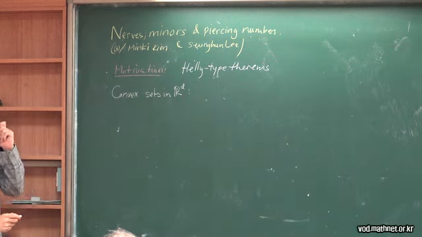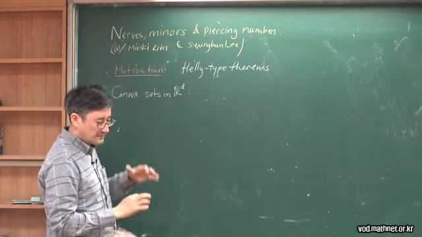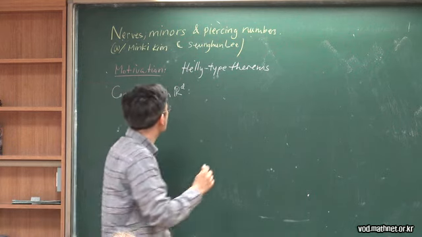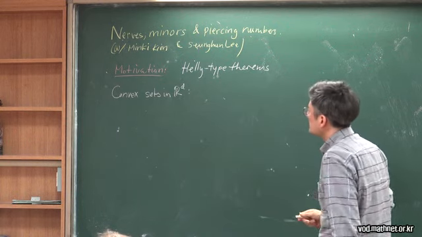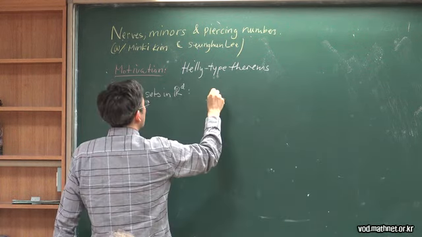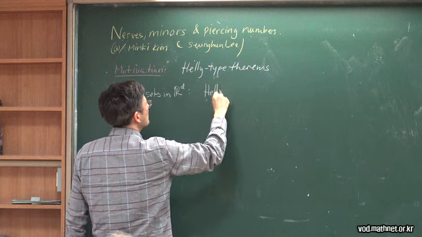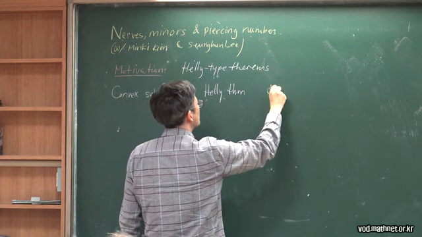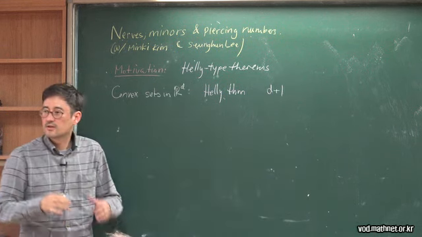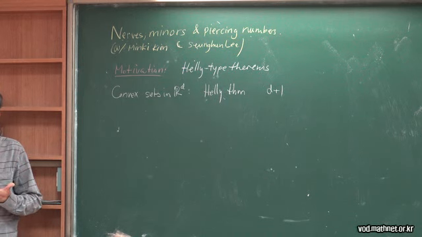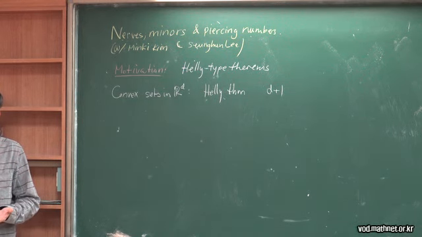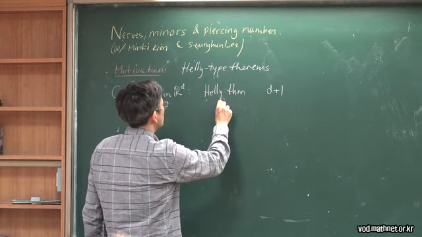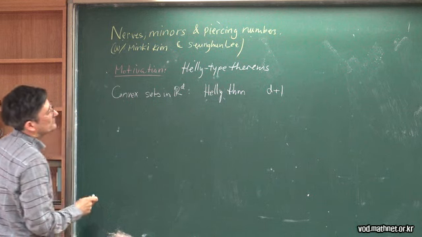So, for families of convex sets, and let's say finite families, let's even say compact convex sets, there is the famous Helly theorem. I'm not going to state it, I'm just going to write, there's a crucial number appearing there, d plus 1. If every d plus 1 members of a family of convex sets intersect, then they all intersect. That's the basic Helly theorem. This is classic and important, not too difficult.